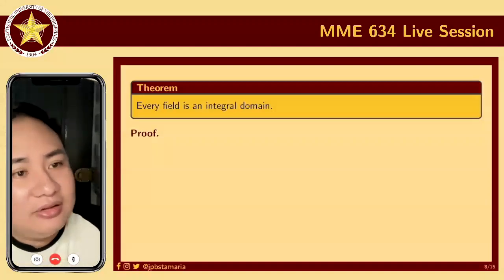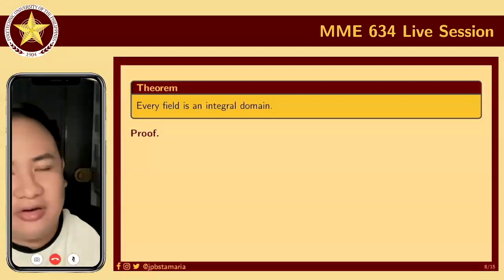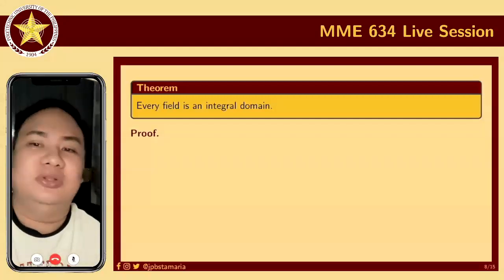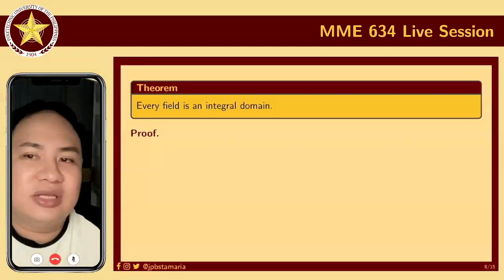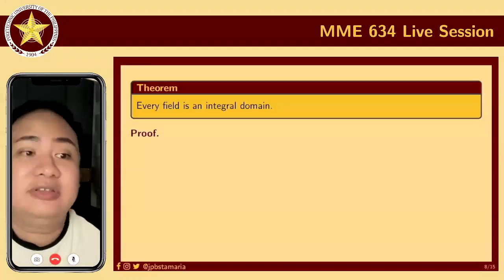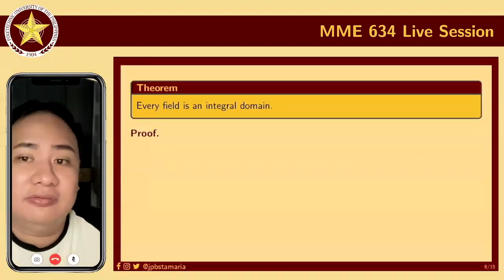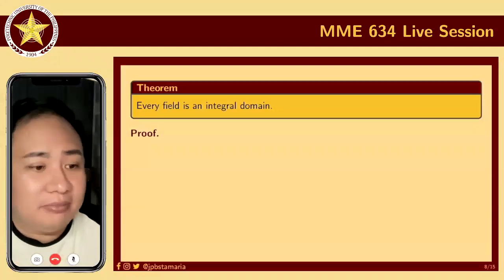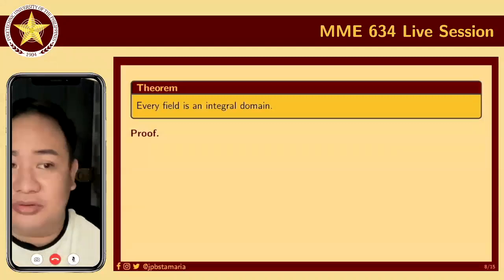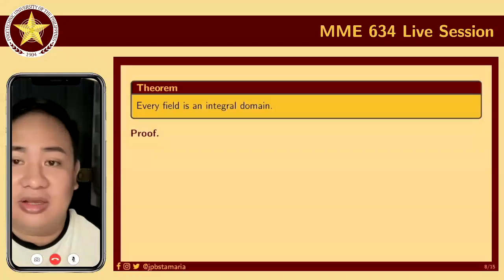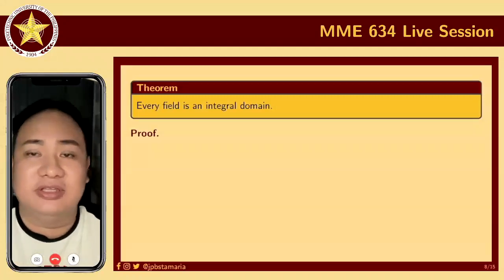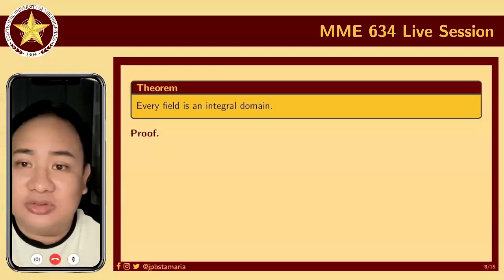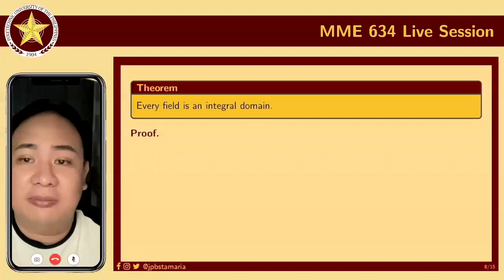Basta ang ring ay isang field, ano yung sabihin ng field? Commutative ring with unity kung saan lahat ng non-zero elements ay may multiplicative inverses. Halimbawa, the set of real numbers. Lahat ng non-zero elements nun may multiplicative inverse, di ba? Pati set of rational numbers. Ang non-zero na rational, may reciprocal na rational number din.